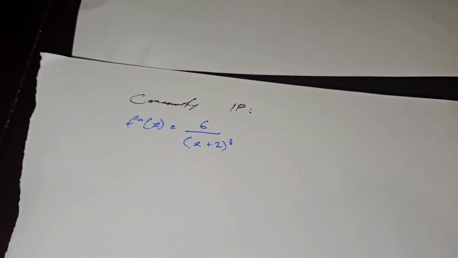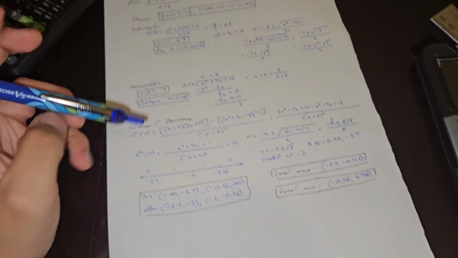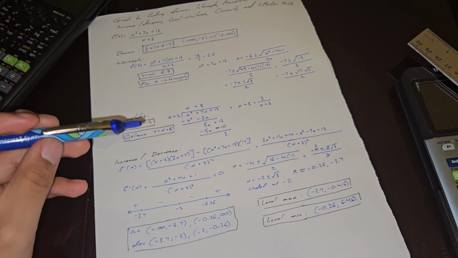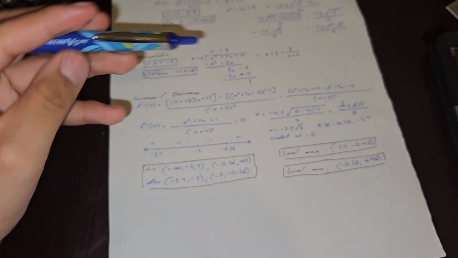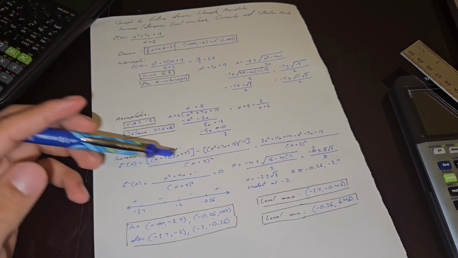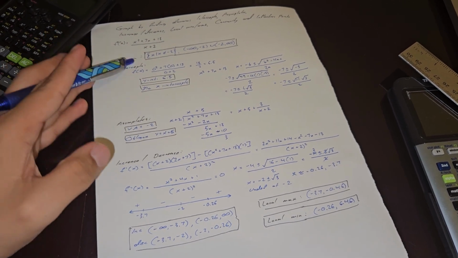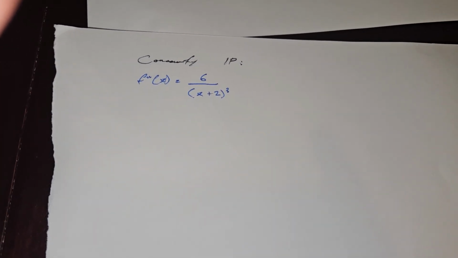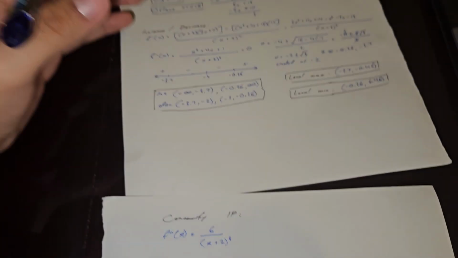If you didn't know, you can compute the second derivative by doing this whole process all over again, but this time with this function instead of the first function. It's the same process, so it's not important to show.